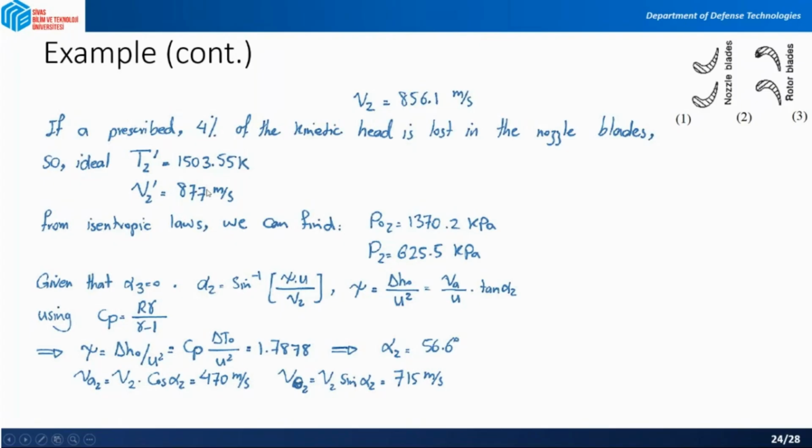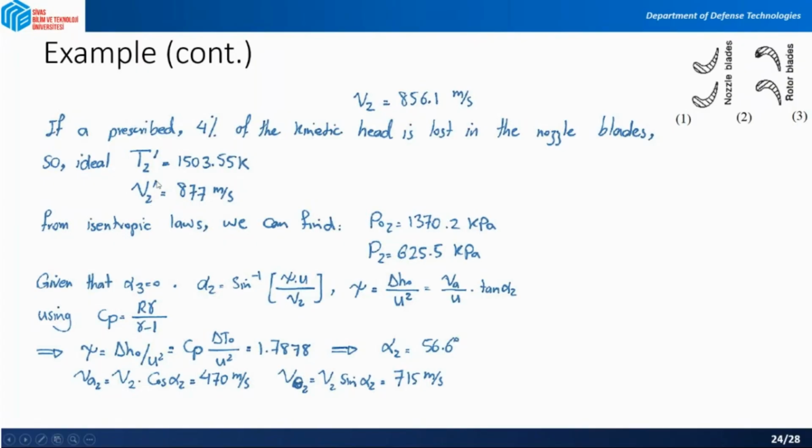You have to use the relation for the eta of the turbine blades, and when you use this relation, you will find two different values for your temperature and your velocity.